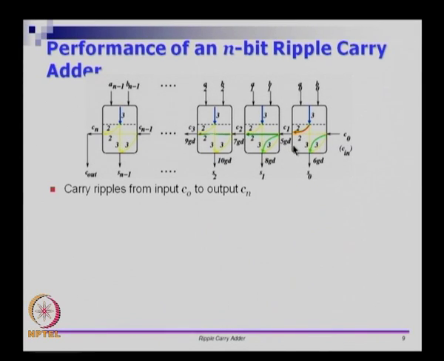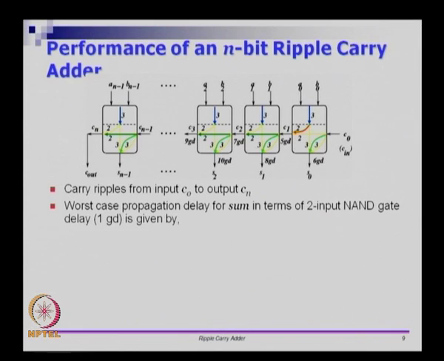So overall, if you look at the calculations for sum, this path will take 3 plus 3 which is 6 time units, then this got settled at 5, so this will settle at 5 plus 3 which is 8, this will settle at 7 plus 3 which is 10, this will settle at whatever Cn minus 1 times something plus 3. So that will be the time at which it will settle down.